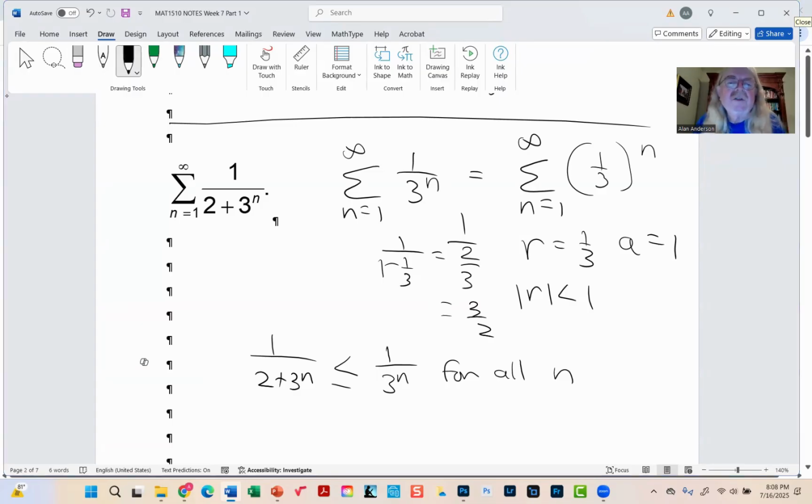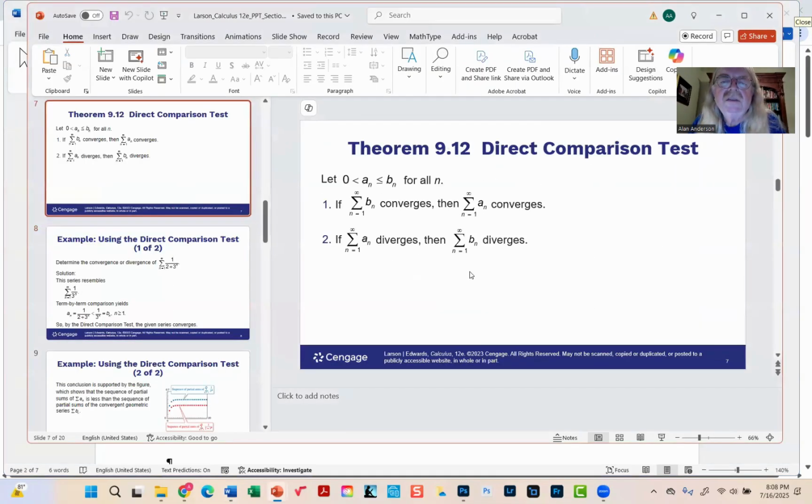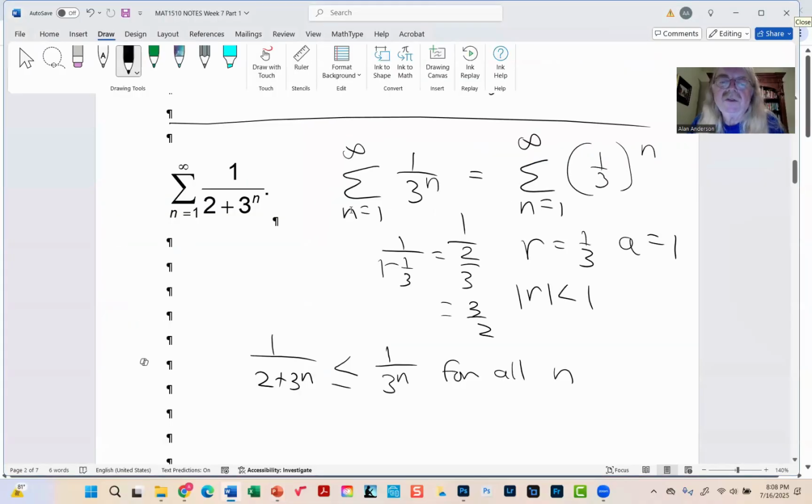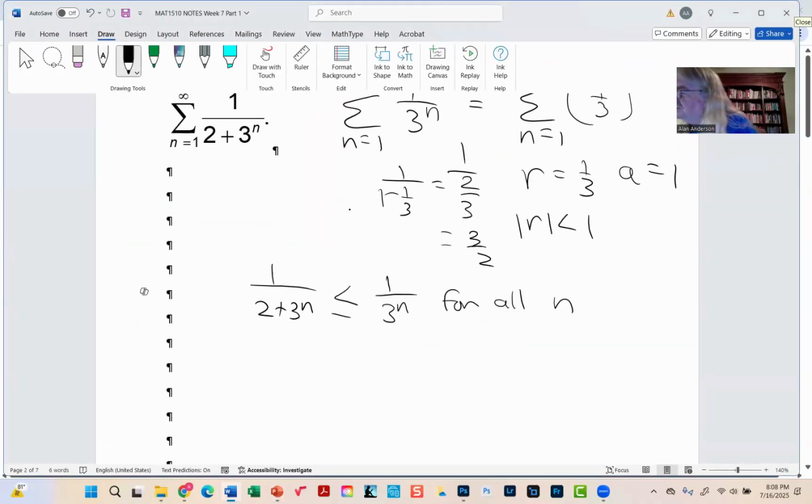And remember, let's go back and look at our rule here. So that means we're looking at this case here. Number one, if the larger of the two converges, then the smaller also converges. So think of this as the bn, an.